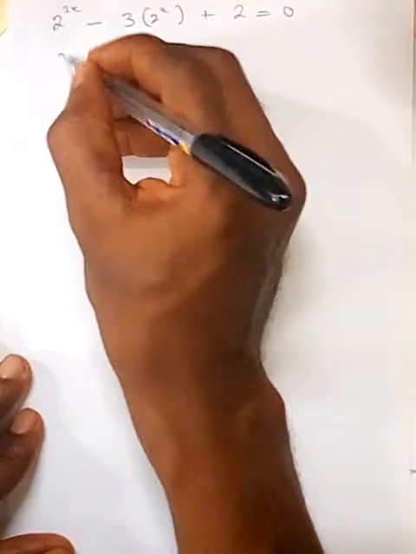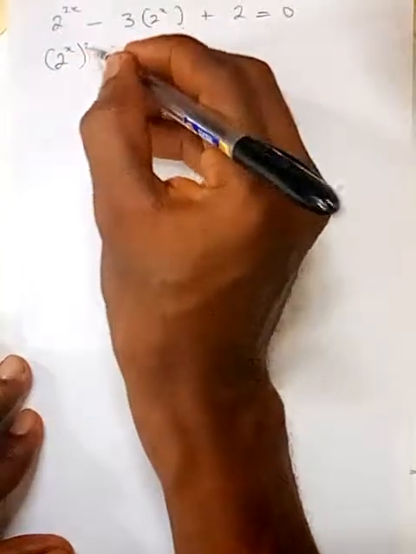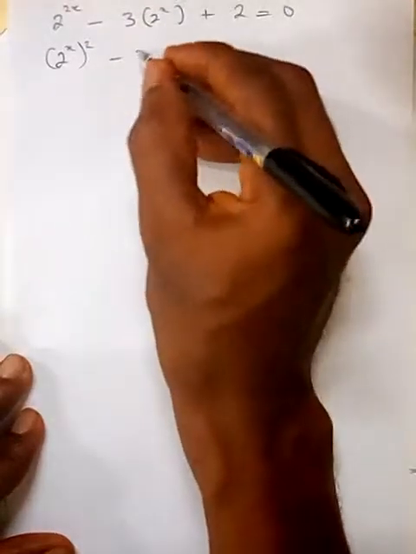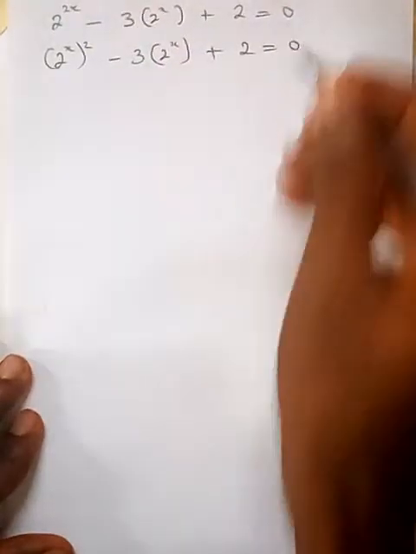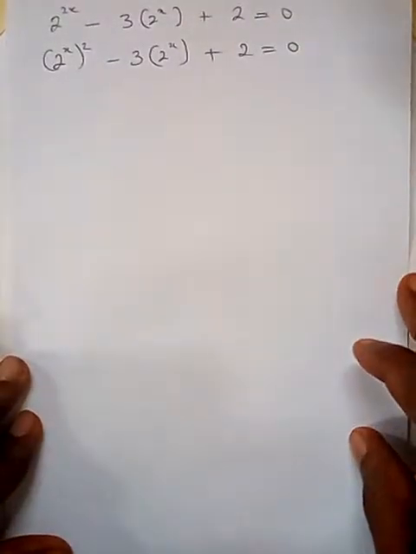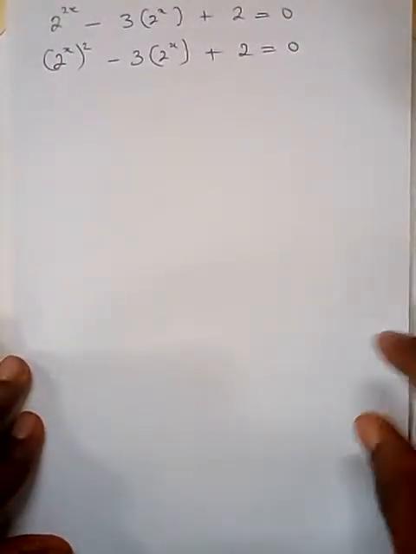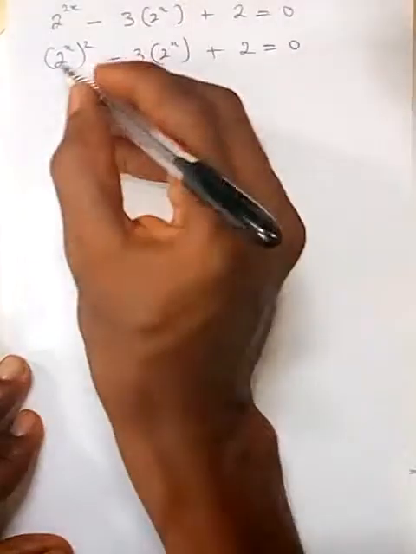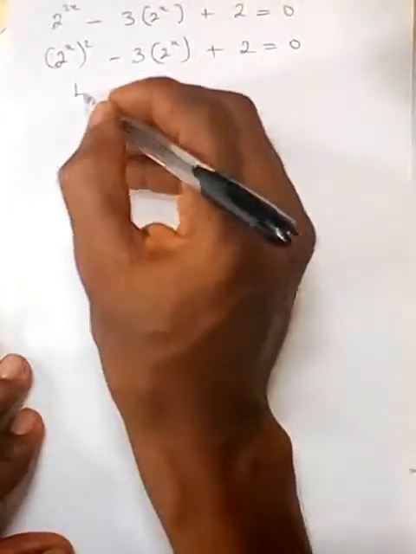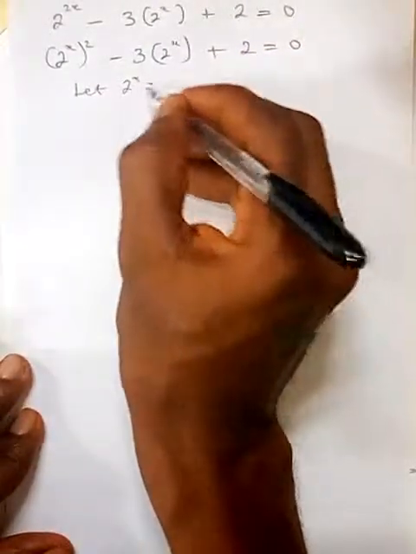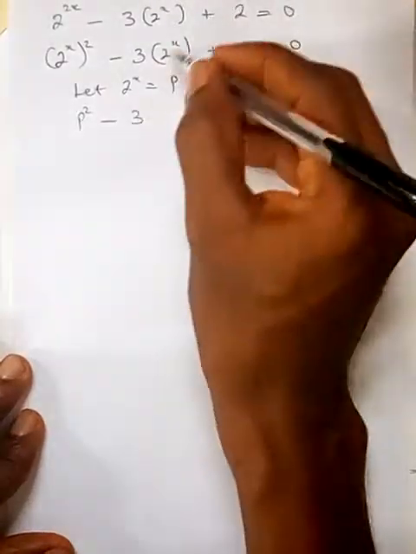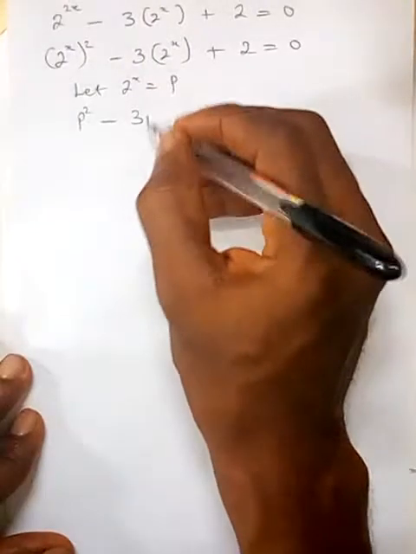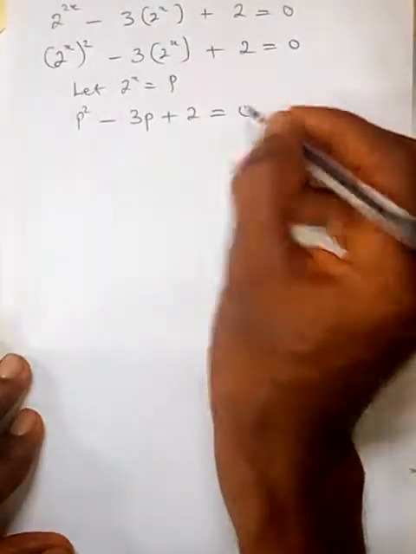This is going to give you this minus 3 times 2 raised to the power x plus 2 is equal to 0. Now this boils down to 2 raised to x here, 2 raised to x here. So we can say let 2 raised to x be equal to p. So putting it here, I have p squared minus 3p plus 2 is equal to 0.